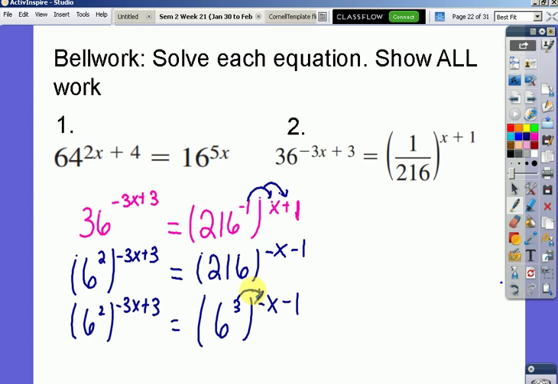This is a good bonus problem, actually. So I'm going to distribute that 3. And then I'm going to distribute this too. So when I do that, I end up with 6 to the negative 6x plus 6 equals 6 to the negative 3x minus 3.